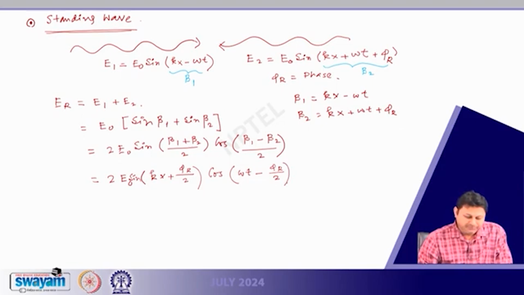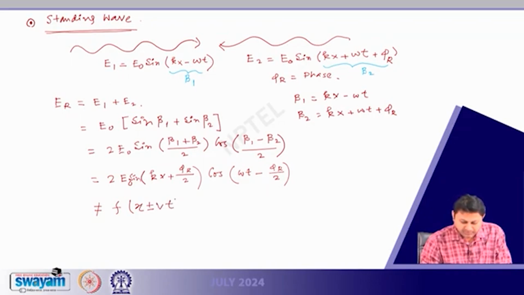So essentially what we find is that the resultant equation, if we look carefully, is not in the form f of x plus minus vt.